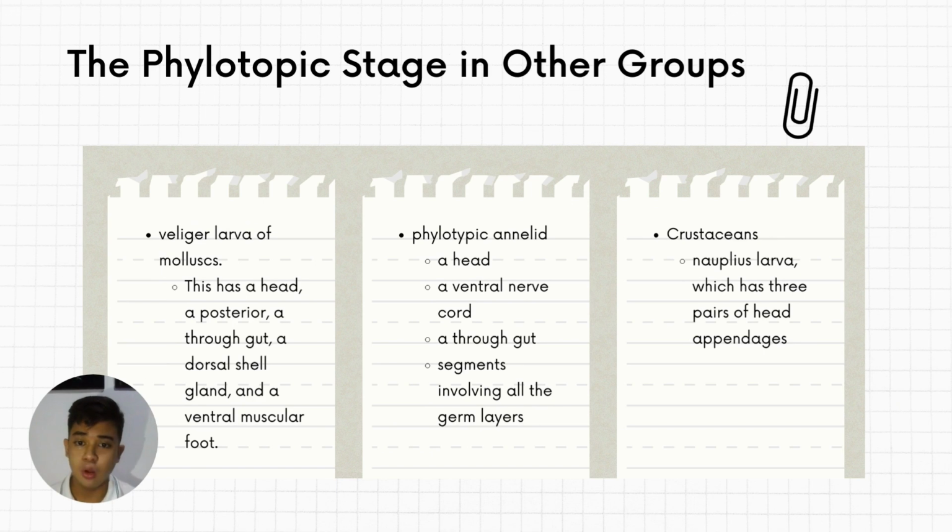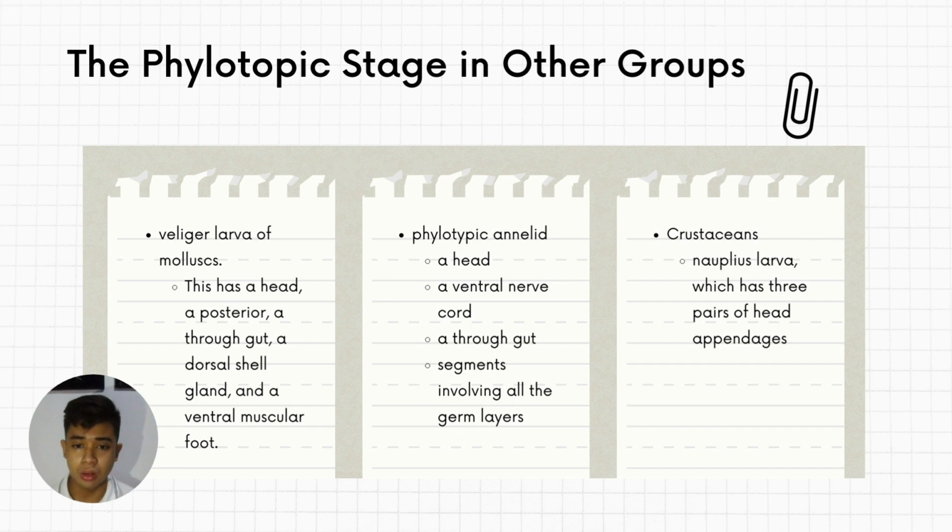Phylotypic stages can also be observed in groups other than insects and vertebrates. For example, it can be observed in the veliger larva of mollusks. At this stage, the veliger larva has a head, a posterior, a through gut, a dorsal shell gland, and a ventral muscular foot. Aside from that, a phylotypic annelid might be considered to be at a stage at which a certain number of segments have arisen and the organism has a head, a ventral nerve cord, a through gut, and segments involving all the germ layers.